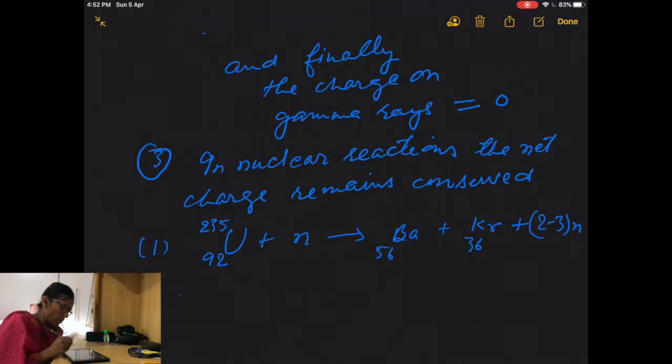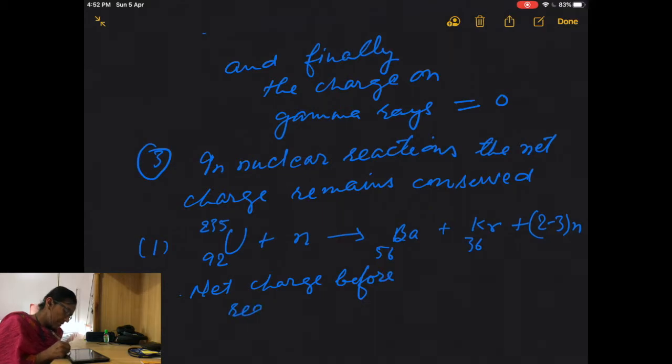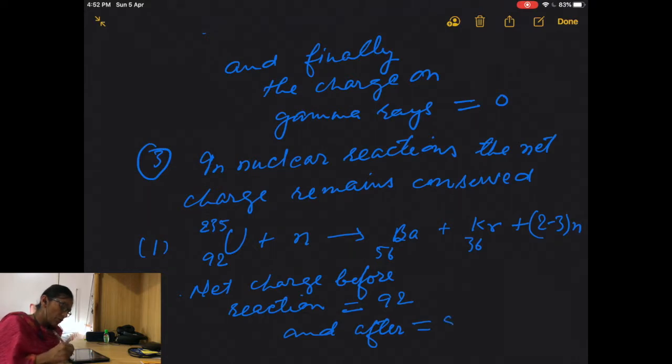So net charge before reaction is equal to 92, and after reaction again it is equal to 56 plus 36, which is equal to 92.